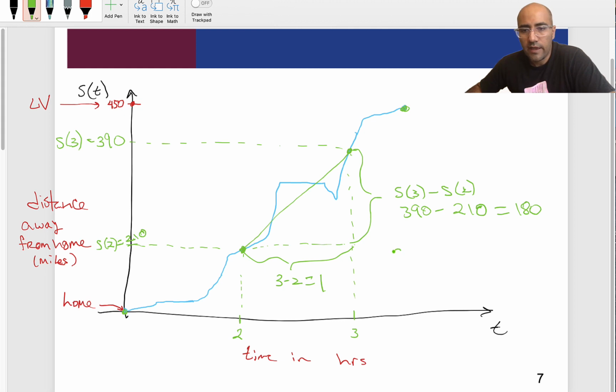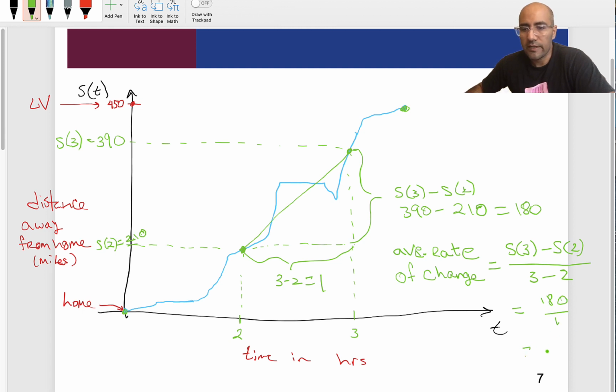So the average rate of change would be s of 3 minus s of 2, all over 3 minus 2. For us, it would be equal to 180 divided by 1, or just 180.